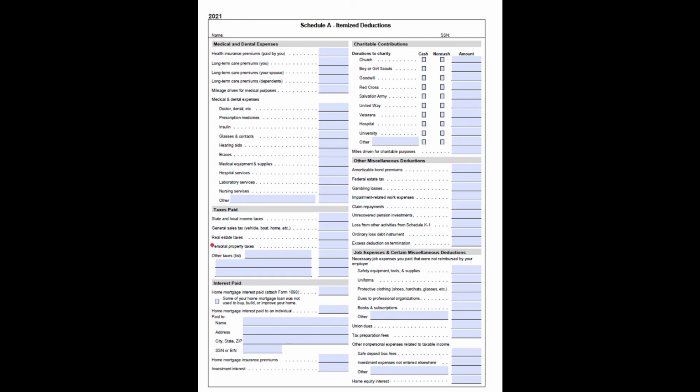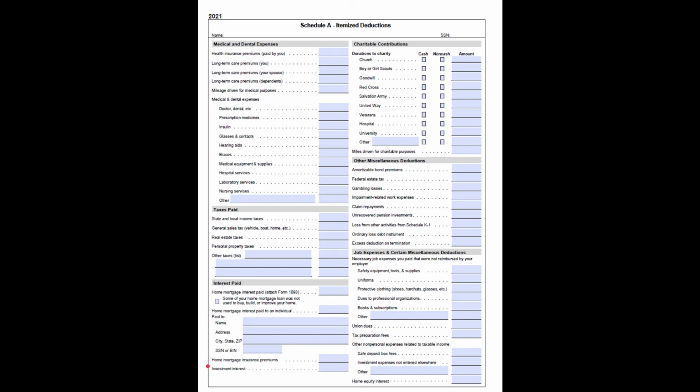The most common of the personal property tax that you can add in here is any taxes you paid with your vehicle registration. Any interest paid, this is mostly going to be home mortgage interest. And if you had any PMI or mortgage insurance, that's going to come in here as well, just down here a bit.